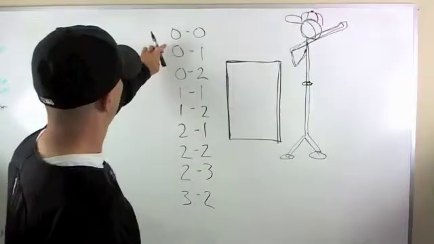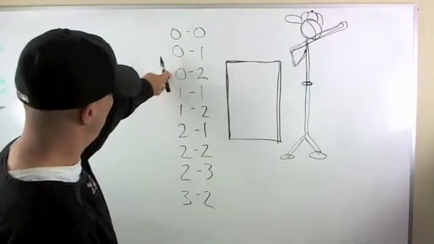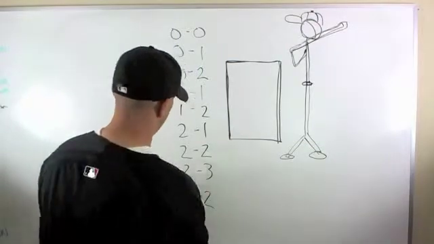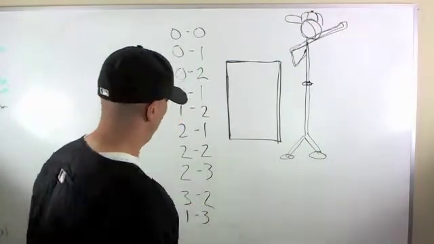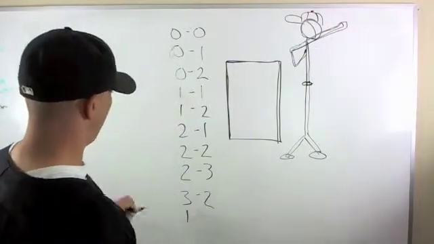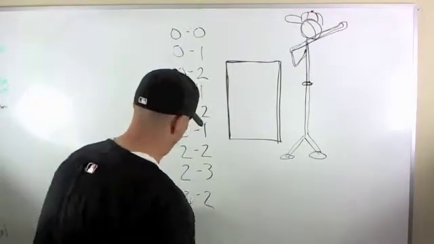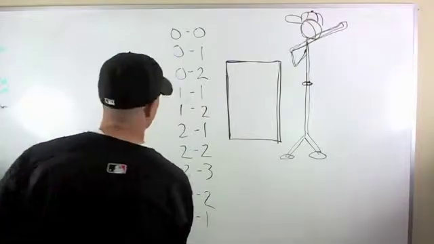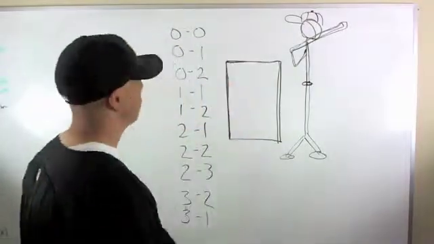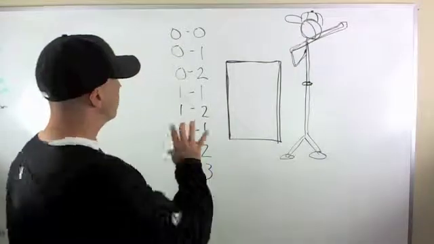Did I get them all? Oh, 3-1, that's what I'm missing. 1-3. It's not like I haven't been around this game my whole life, so I invented a new count. All right, so let's take all these down.